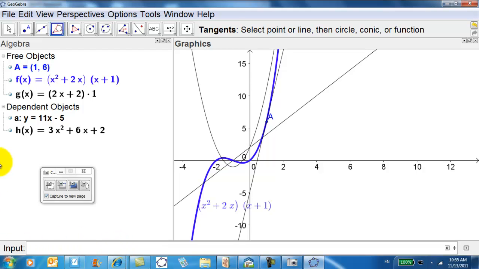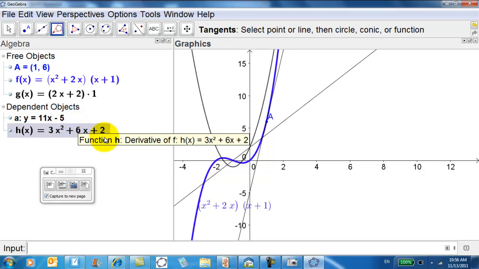Big difference. This is the one that we calculated by slowly expanding it out and then taking the derivative, and we got 3x squared plus 6x plus 2. This one is gotten by error. You can't distribute the derivative over a product and just take the derivative of each of the things in the product. Oh no, we're going to have something called the product rule to do that later. So there you go. There's our tangent line, and that's the derivative of the function that we calculated earlier.